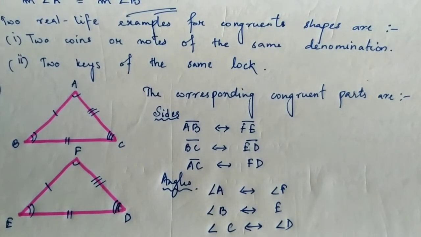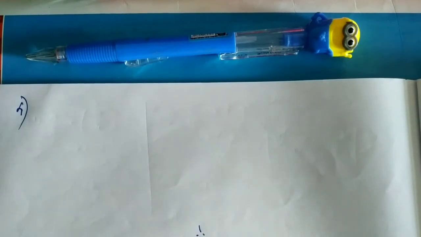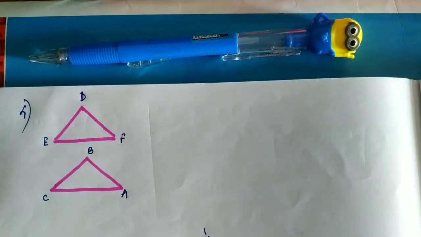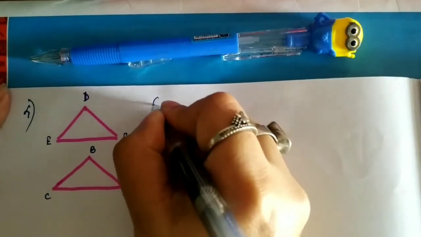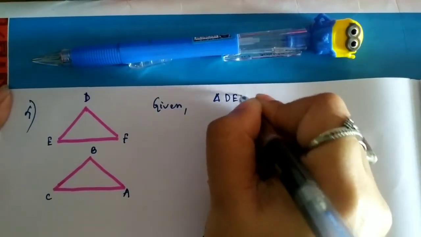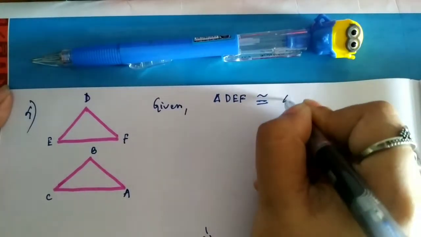Now let us move on to the last question of the exercise, that is question number 4. Let's see what is given in question number 4. It's given, if triangle DEF is congruent to triangle BCA, write the parts of triangle BCA that correspond to the following. So let's draw the diagrams first. Here I have drawn these two triangles, and it is given that triangle DEF is congruent to triangle BCA.